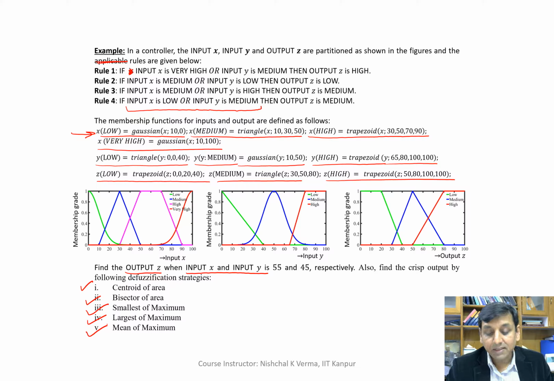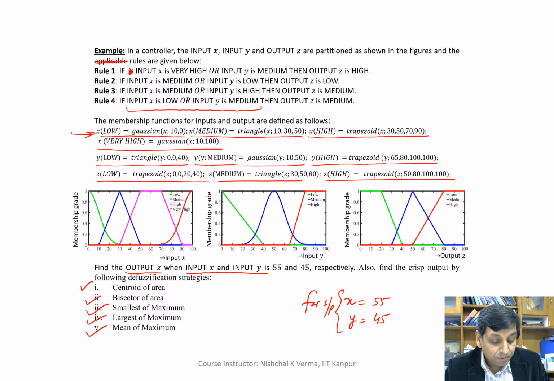So let us first work with X is equal to 55 and Y is equal to 45. So for input X is equal to 55, Y is equal to 45, let's find the output.